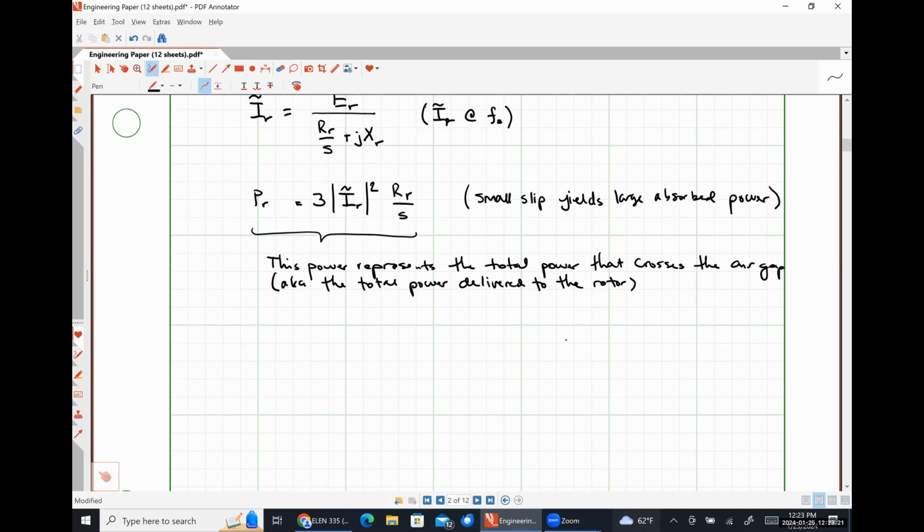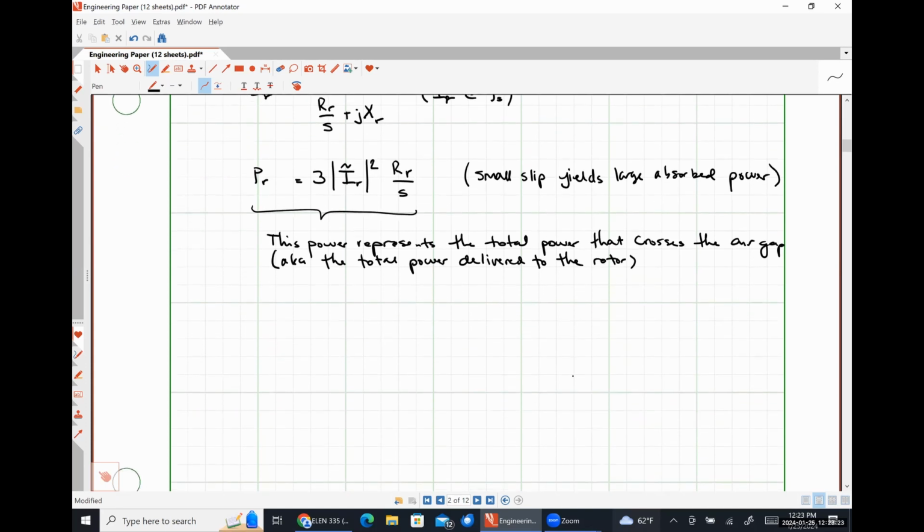So we can actually rewrite this relationship by playing around with a couple of things. Here we have our rotor power as 3 times the magnitude of our rotor current squared, times the rotor resistance divided by the slip.